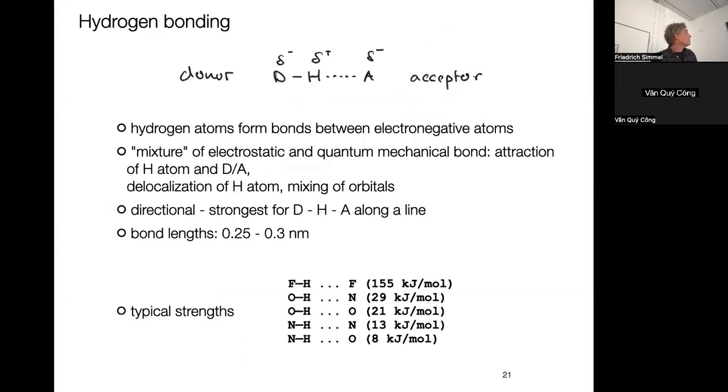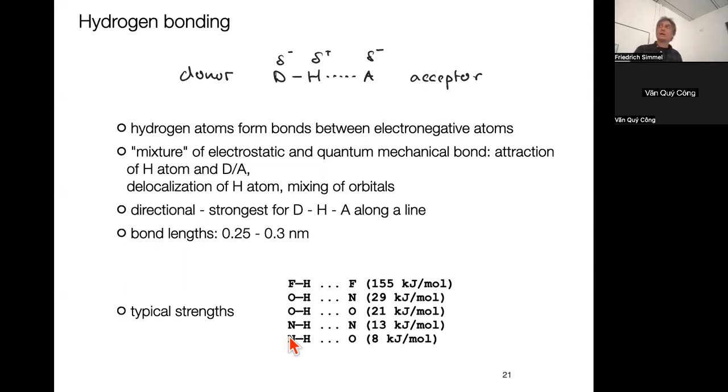And this can be described in a similar way as molecular orbitals with electrons. And they have very different strengths for the different possibilities. Let's say, when you have fluorine and hydrogen, these hydrogen bonds are extremely strong, and they are weaker for the ones that are relevant for us in DNA. So in DNA, we have these types of bonds.